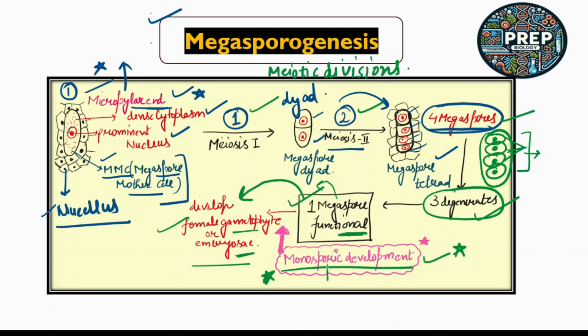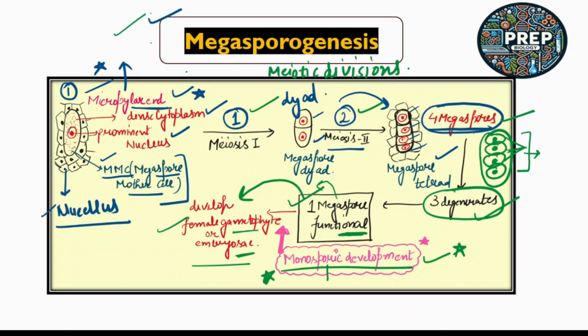Mono means single and sporic means spore. So from the single megaspore, the development of the female gametophyte or embryo sac occurs. This is all about megasporogenesis.